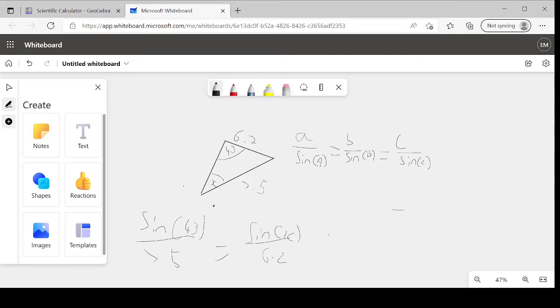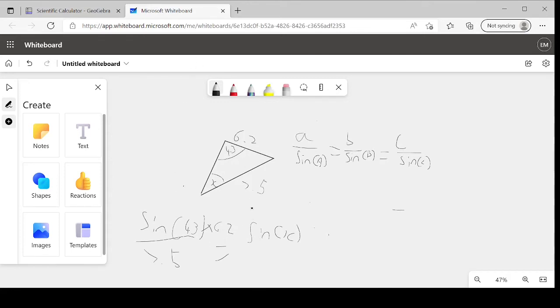Now the next thing we need to do is to get sine x on its own. And the way we do this is by multiplying both sides by 6.2. So 6.2 goes up to here. So let's write that out. So here we have sine 43 multiplied by 6.2, and we know that equals the sine of x.